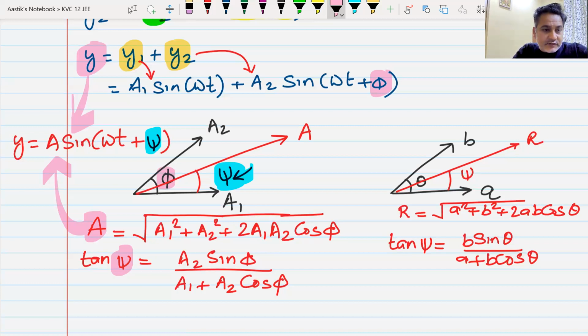Have we noted this down? So the principle of superposition simply states that whenever two or more waves are traveling in the same medium, the resultant displacement is the sum of the displacements produced by the waves.